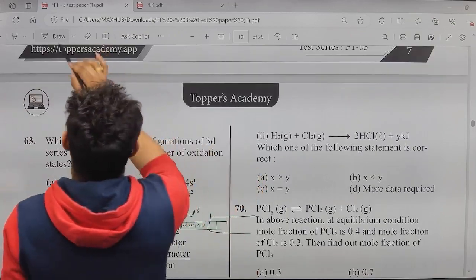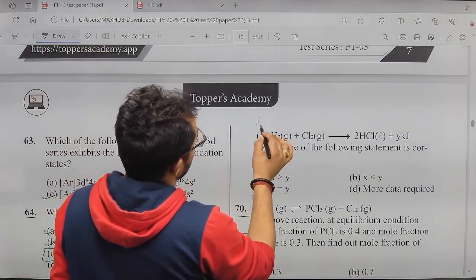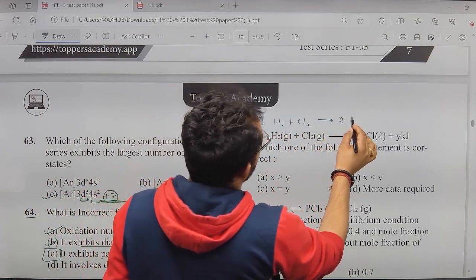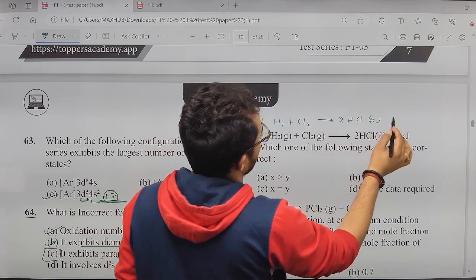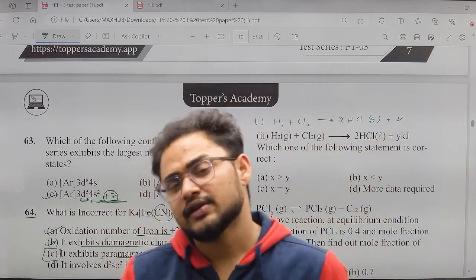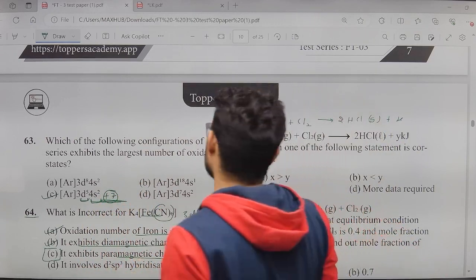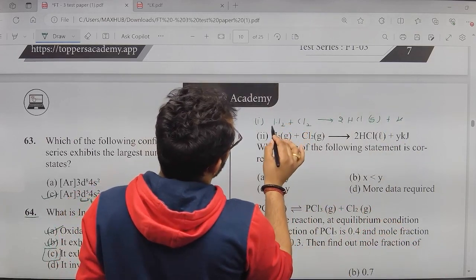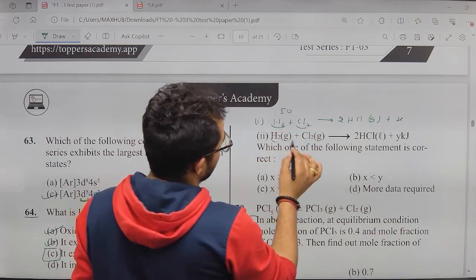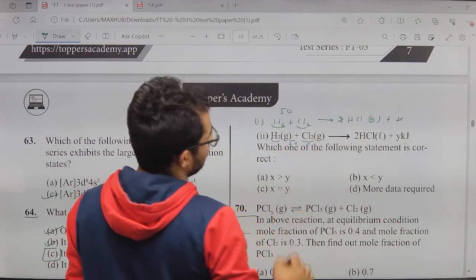In the first statement, it is given as H2 plus Cl2 gives 2HCl gas plus X. Left hand side energy and right hand side energy are the same, by the law of conservation of energy. So I'm going to take 25 plus 25, 50 unit energy on the left hand side, so obviously 50 unit energy on the right hand side.